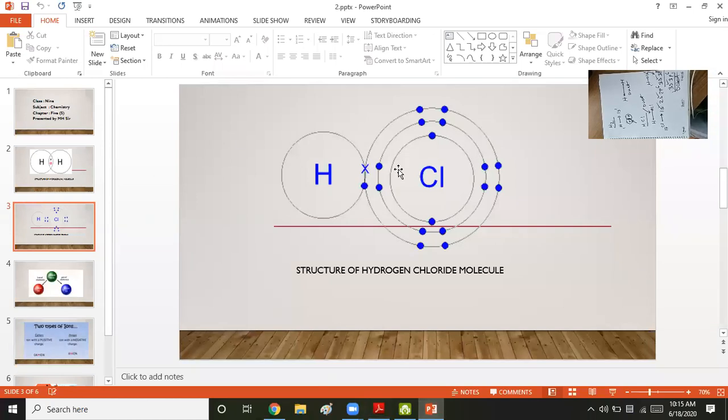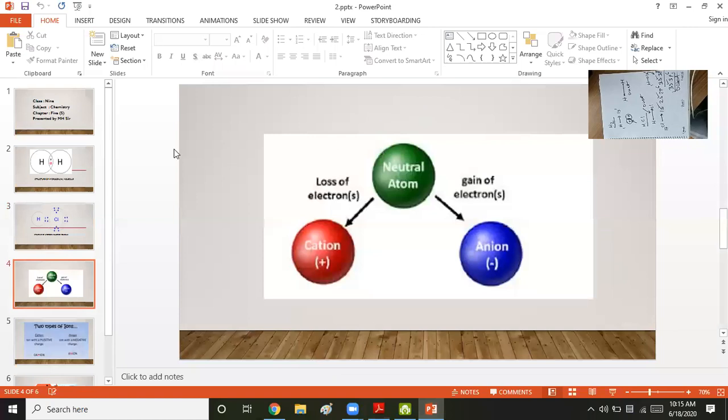1, 2, 3, 4, 5, 6, 7, 8. So 8 electrons for chloride. Then this is another picture, that is a neutral atom. If we divide neutral atoms into two categories, then one will be cation and another will be anion.